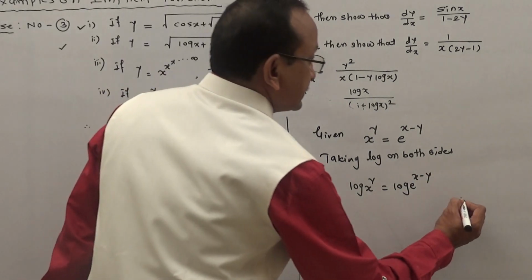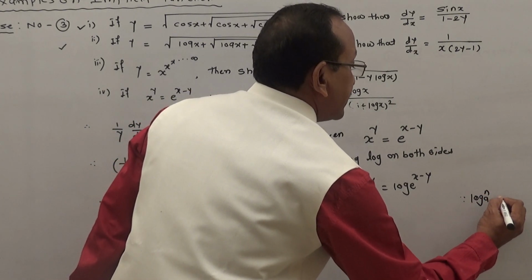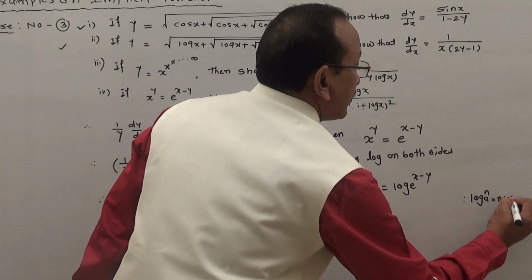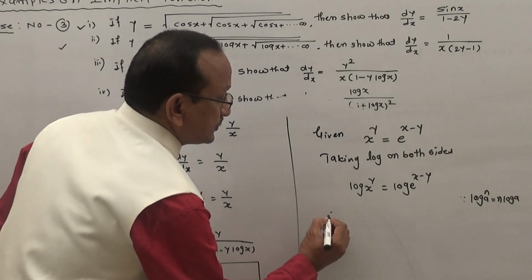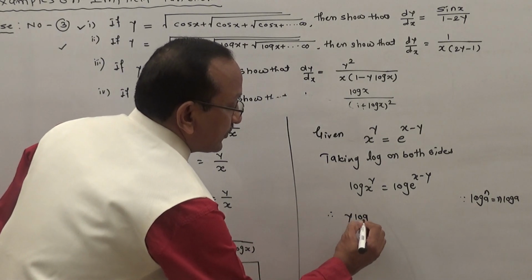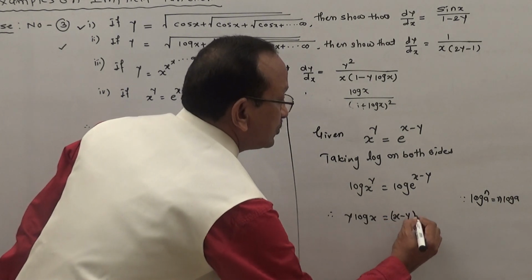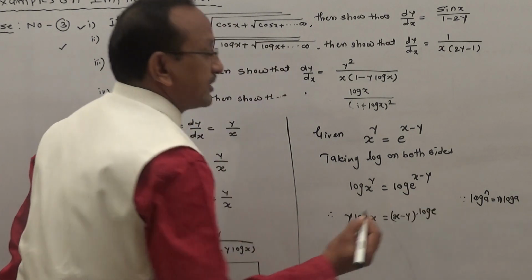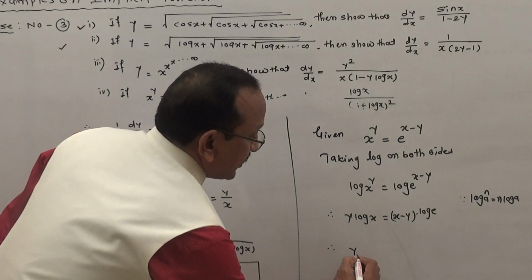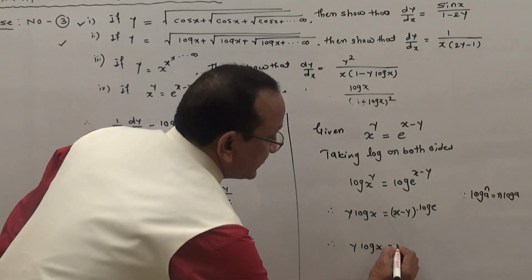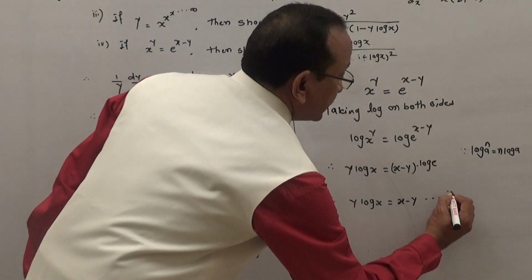Now by applying the formula, log a raised to power n can be written as n times log of a. So y times log of x is equal to x minus y into log of e, but log e to the base e is 1. So here y times log of x is x minus y. Give number 1 here.